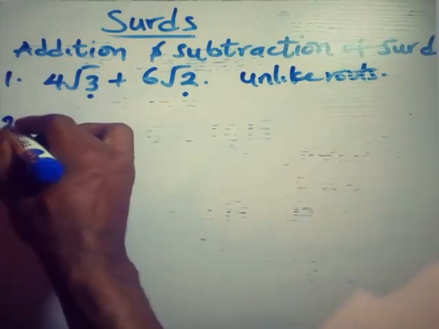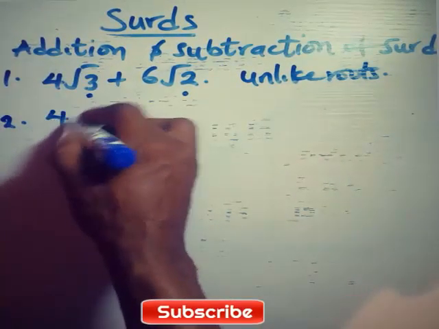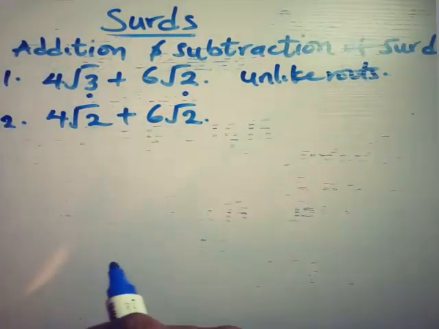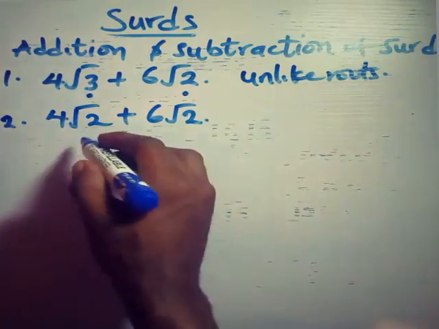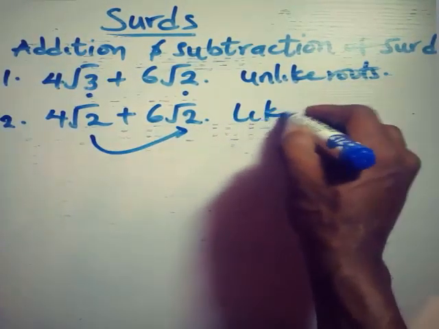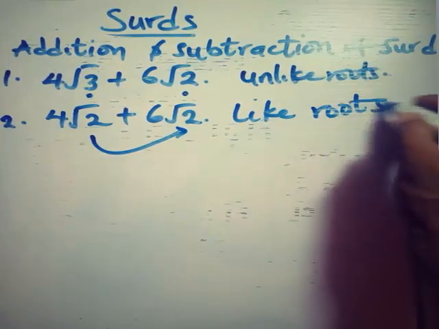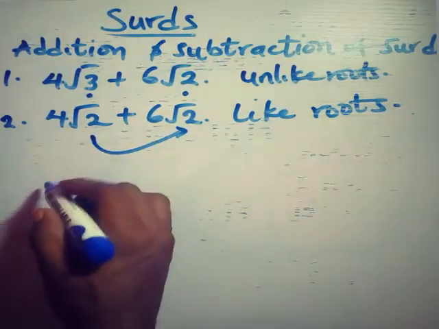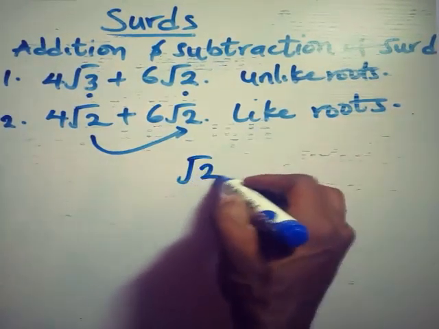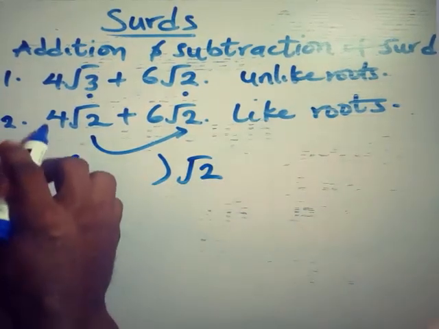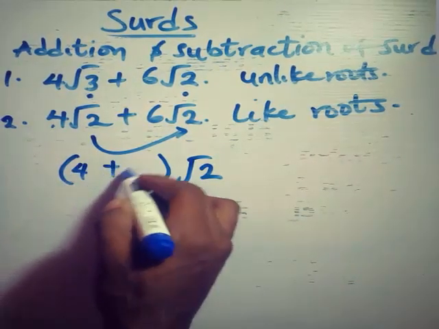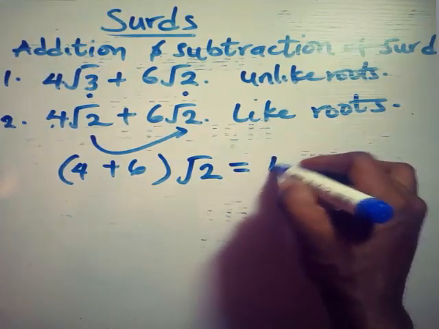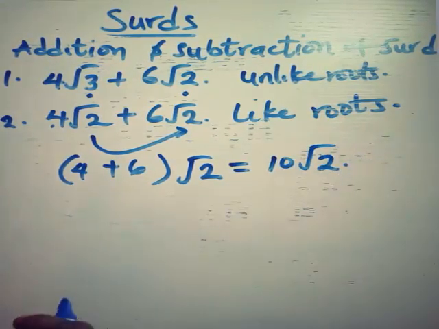But for this case where we have 4 root 2 plus 6 root 2, can you spot the difference? Yes, we have like roots. So I can proceed with this. All I do is I pick a single root and I add up the coefficients, which is 4 plus 6, and that gives me 10 root 2.